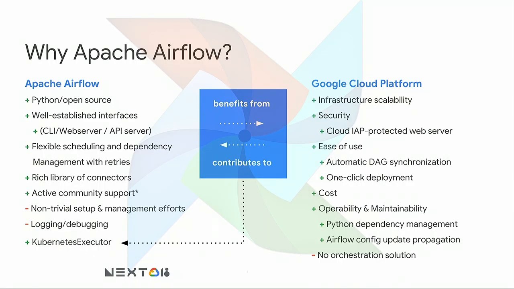One of the questions we faced, especially initially when we made a bet on Airflow about a year ago, was why Airflow? What we really wanted to do with Composer is tie the strengths of Airflow as an open source package and open source community with the strengths of Google Cloud Platform. So with Google Cloud Platform, we were very good at running infrastructure, creating services, adding layers of security, auditability, maintaining cost.